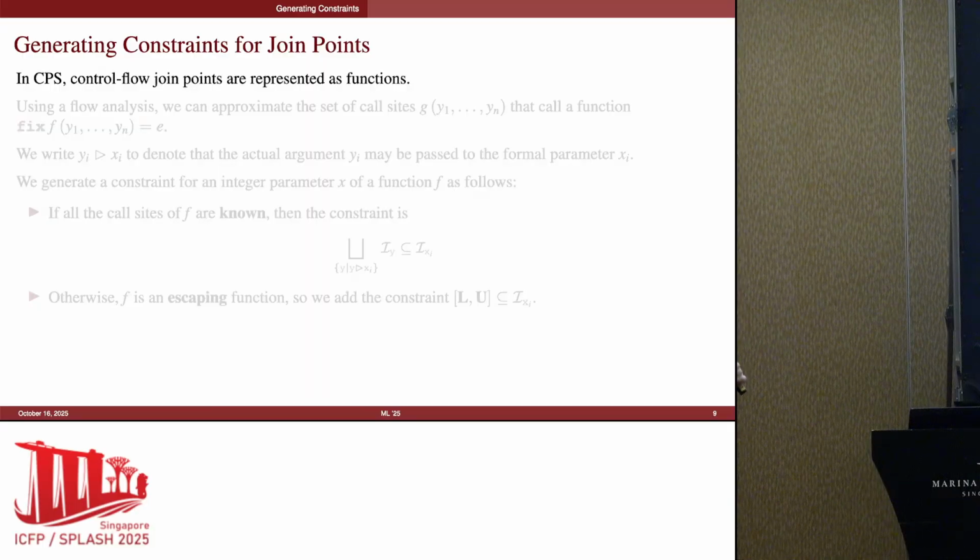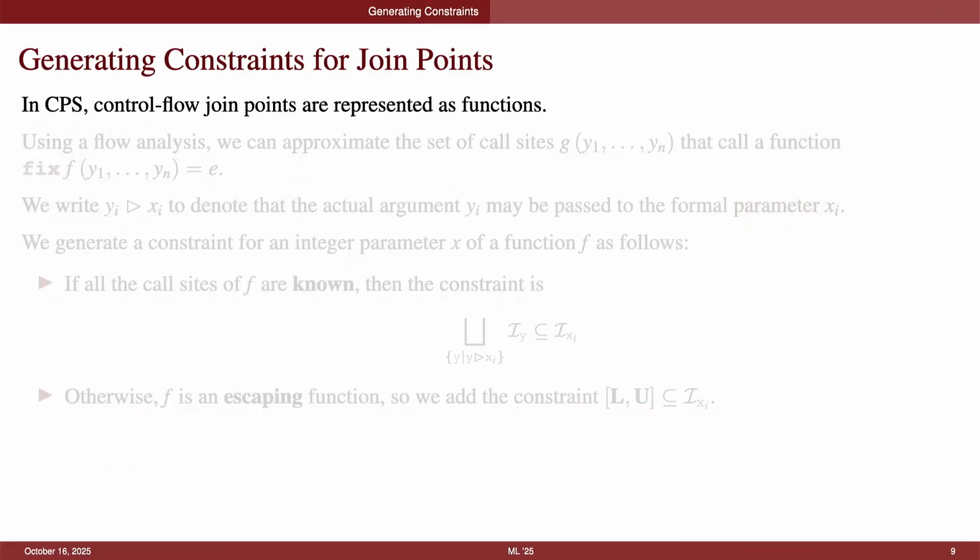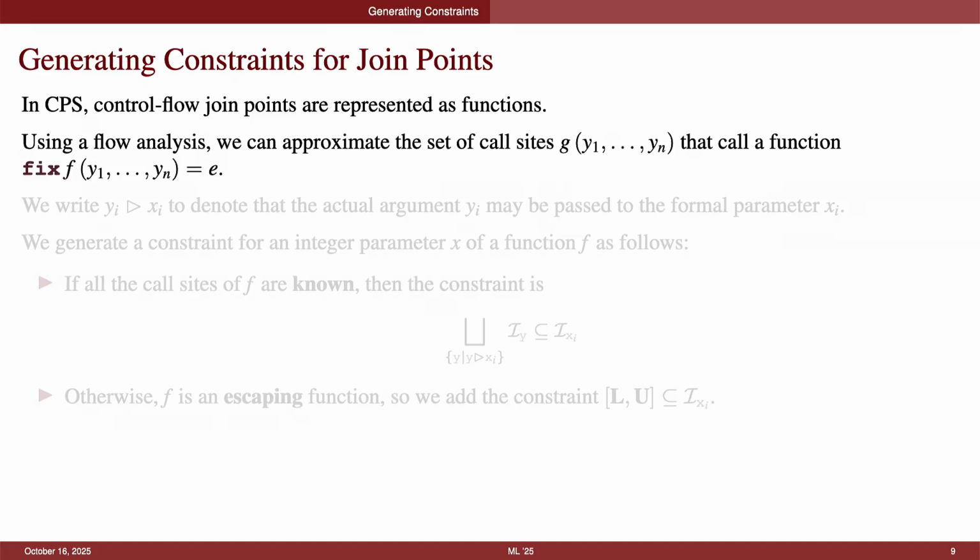Okay, so the other place where you have to worry about generating constraints has to do with joins. And in CPS, joins are just lambdas or functions. And we can use a flow analysis to approximate the set of call sites that call a particular function definition.